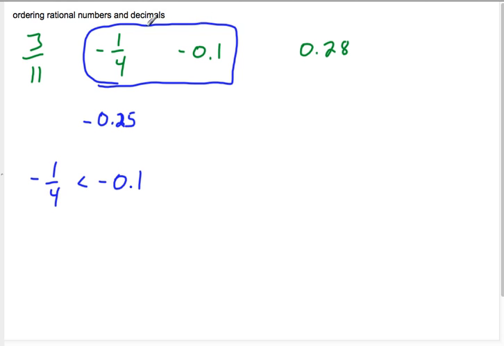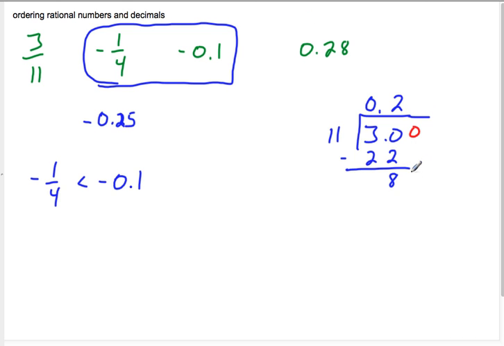Now I just got to figure out between 0.28 and 3/11. Now those are pretty close, so I'm actually going to have to do some calculation here. So using long division, I'm going to turn 3/11 into a decimal. So I know that 11 goes into 30 twice, leaving us with 8.